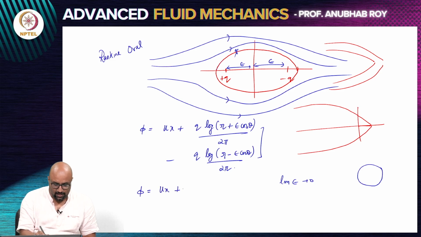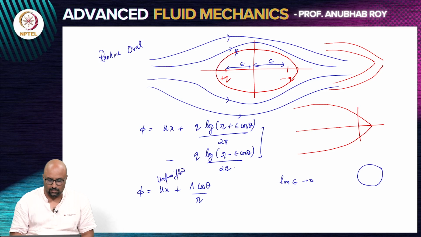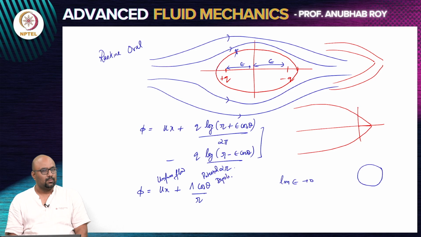That is going to be a superposition of a uniform flow and a doublet or a potential dipole. So, this we will pick up in the next lecture to see how we combine these two and then compute the flow field that satisfies the no penetration boundary condition on a circle of a given radius A.